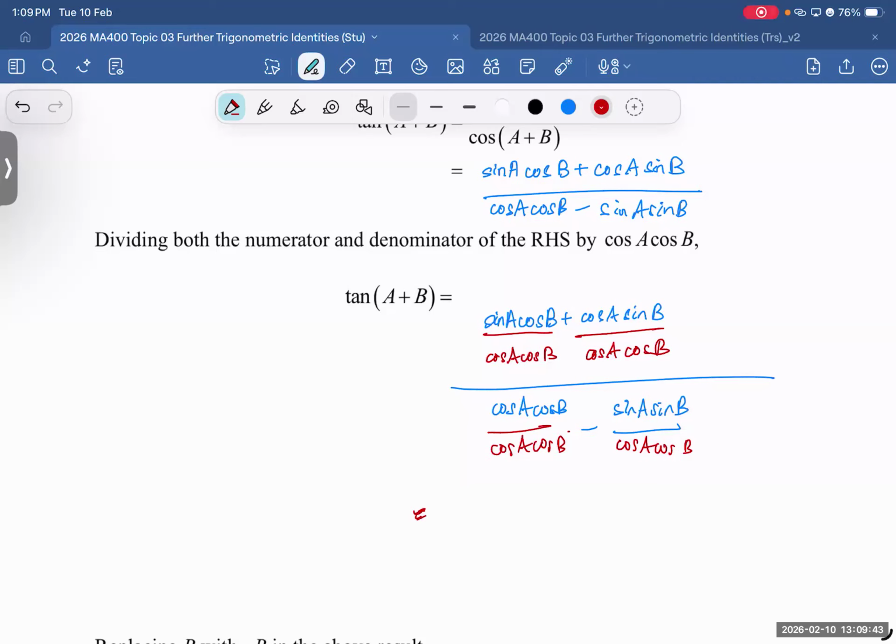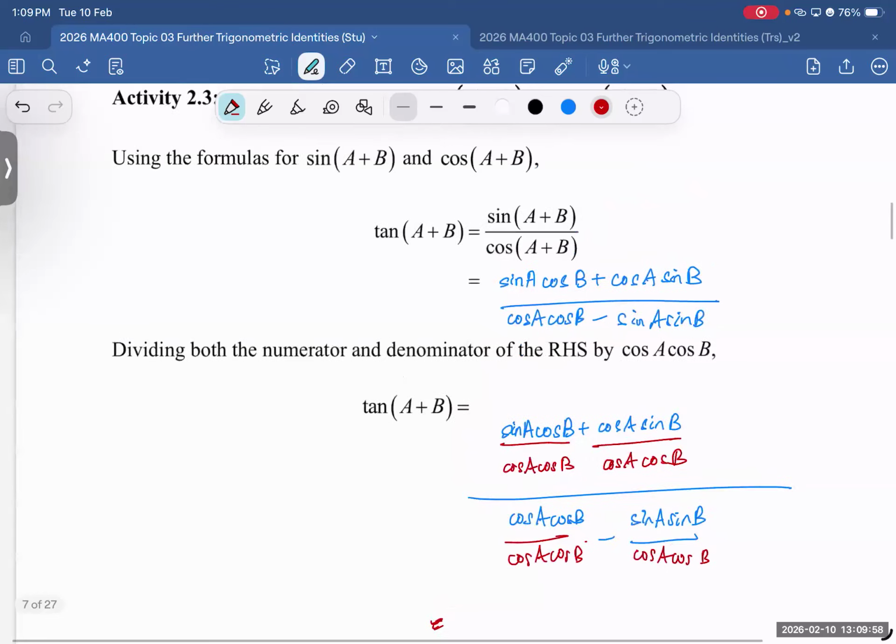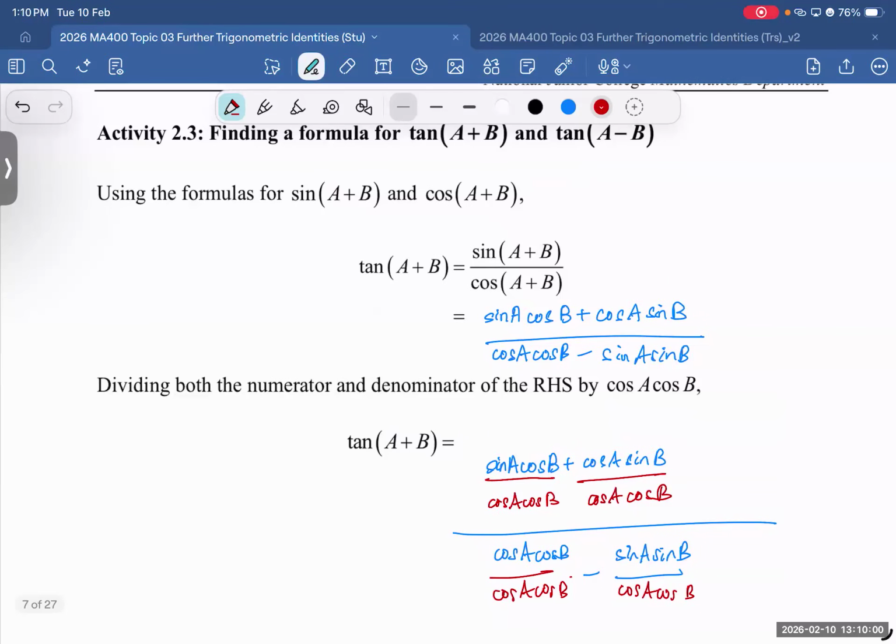Proving is just like that. You suddenly need to get something out of it. So for example, what is this for? This is to show you the tangent addition formula. With the tangent addition formula, naturally you will guide me to certain steps. Right or not?